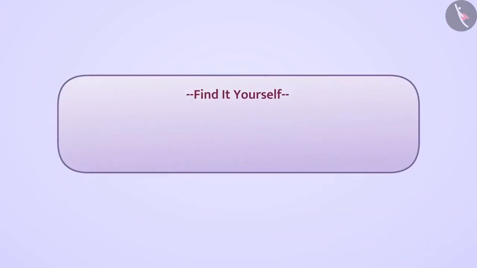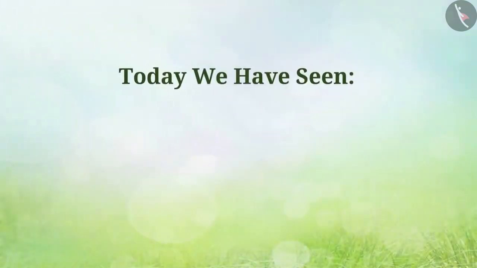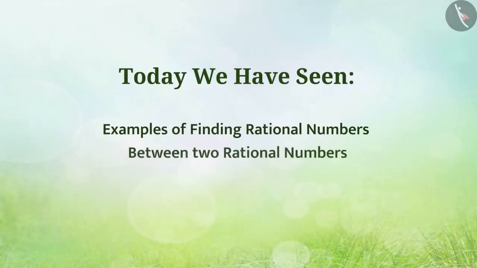Now, find yourself the 3 rational numbers between 14 by 5 and 9 by 11. So today we have seen examples of finding rational numbers between 2 rational numbers.